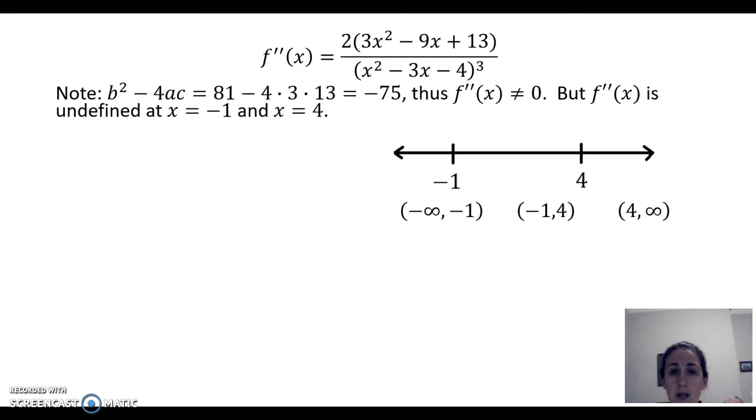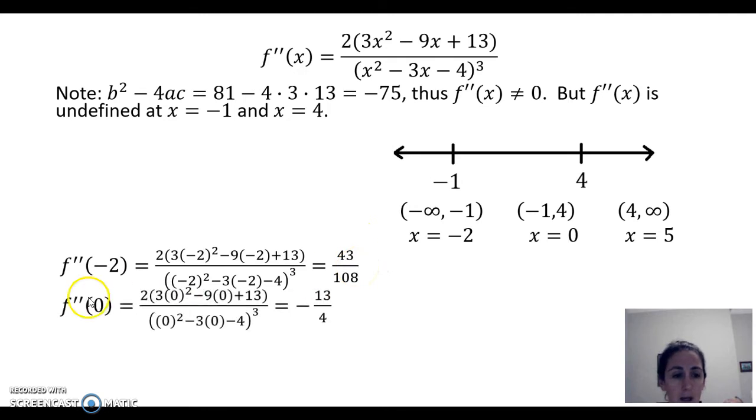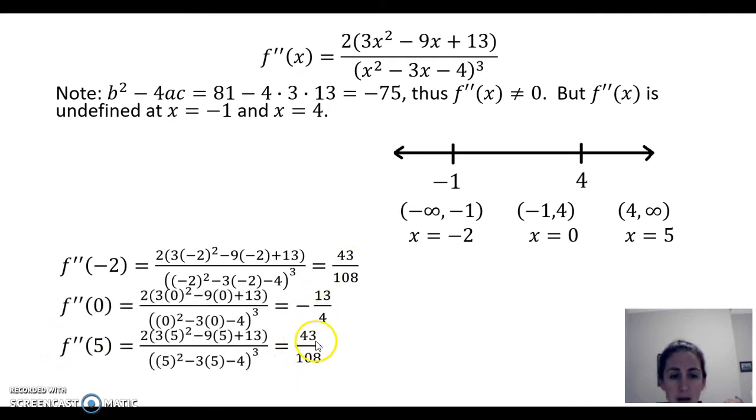So here are the intervals that go along with that. Pick an x value from each of those, plug those into the second derivative, plug in negative 2, you get a positive. Plug in 0, you get a negative. Plug in 5, you get a positive. So on this entire interval, my second derivative is positive, so it's concave up.